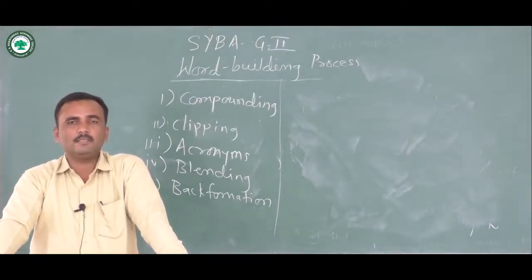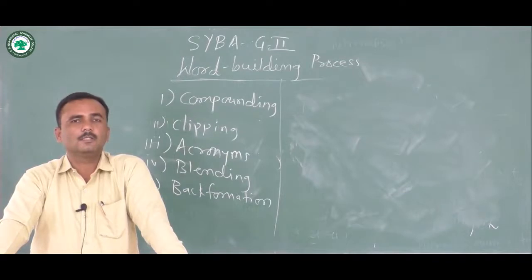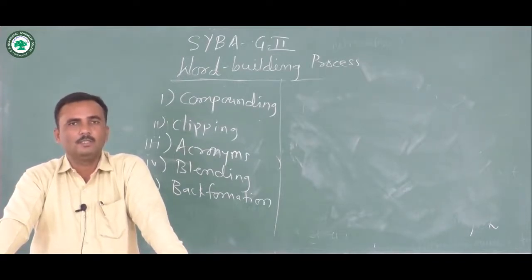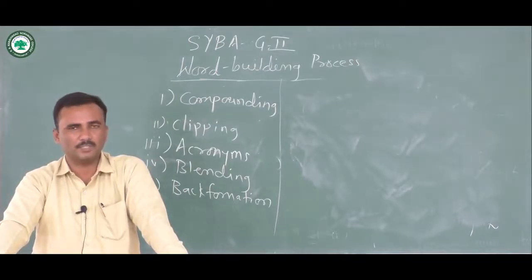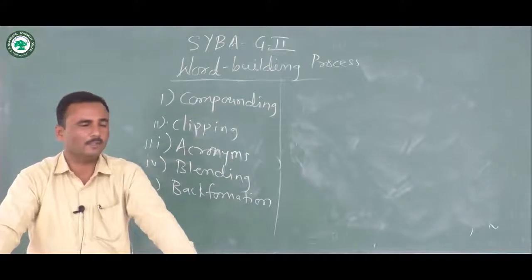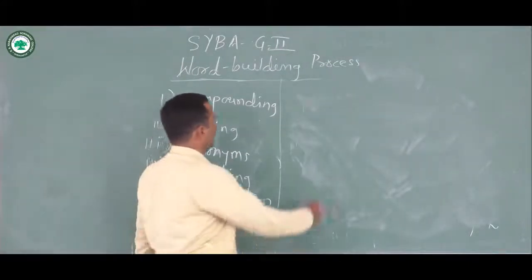But in blending, two different words are brought together but not complete words are taken to form the new word. Such a process of word formation is called blending. Generally, the first part of the first word and the second part of the second word are taken to form a new word. For example, now you can see here the word brunch.